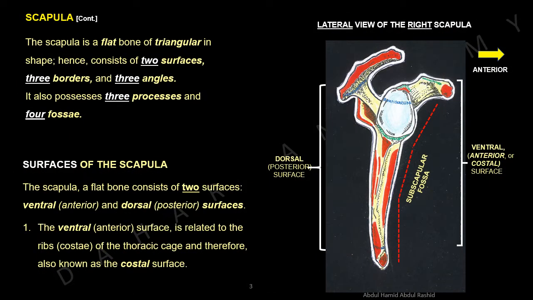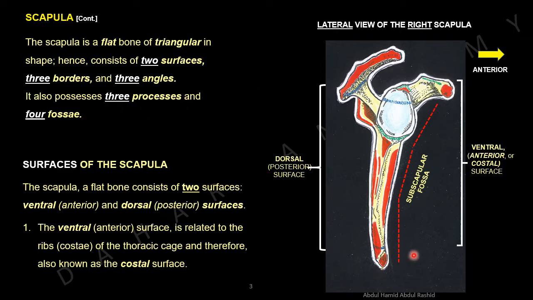Scapula continuation. The scapula is a flat bone, triangular in shape. Hence, it consists of two surfaces, three borders, and three angles. It also possesses three processes and four fossae.